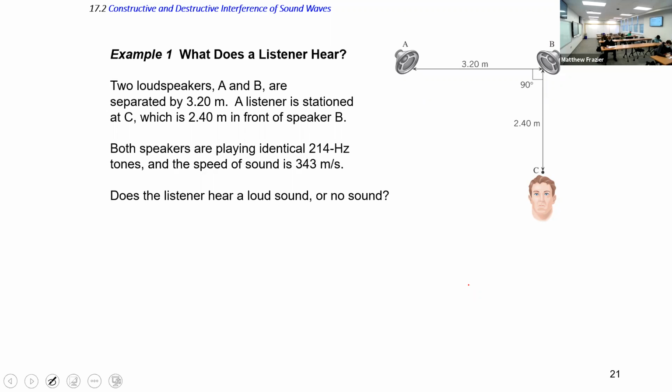So they're both playing the same tone, and the speed of sound's the same everywhere in this. So what we've got here is the frequency and the speed. So we need to find the wavelength, because everything we defined here is in terms of the wavelength. But the point is to figure out whether we are at a point where we hear loud or no sound.